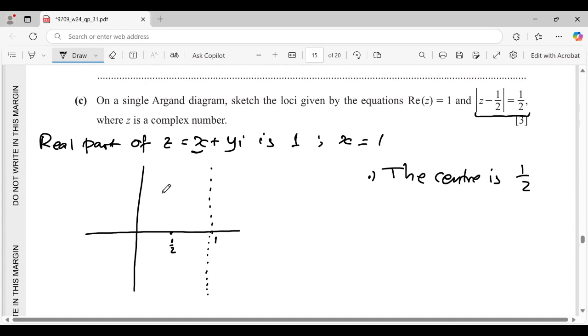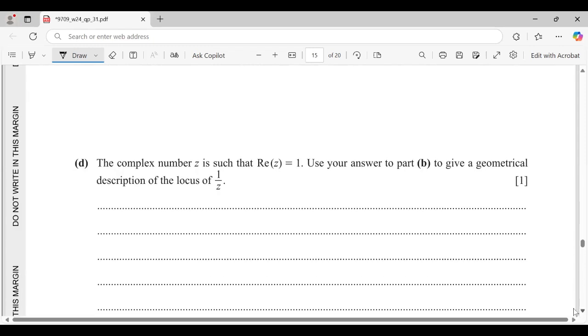This is a circle with the center 1/2 and the radius also 1/2. So if this is 1, it's 1/2 here. So the radius is 1/2 and the center is 1/2, 0.